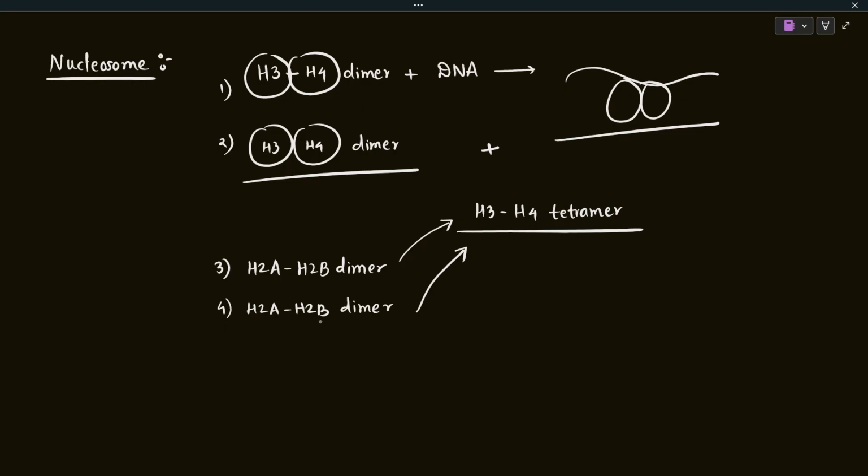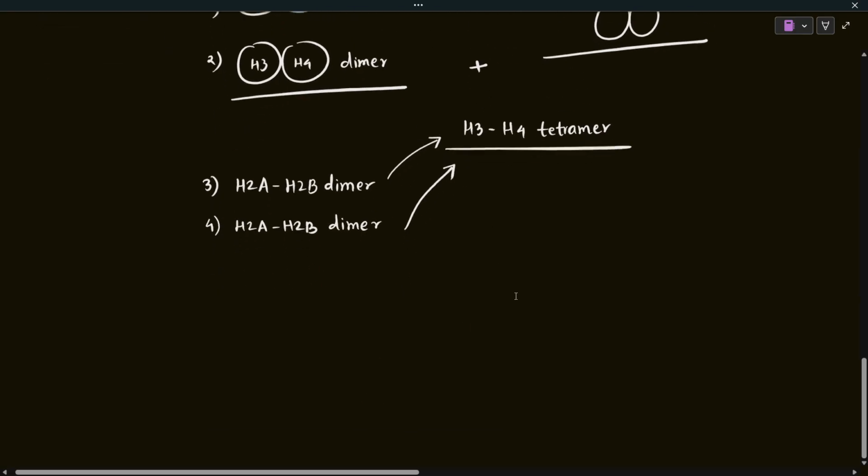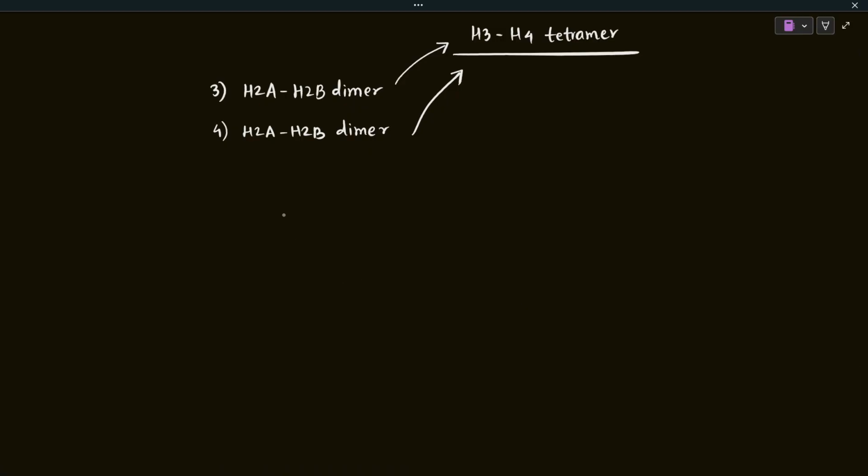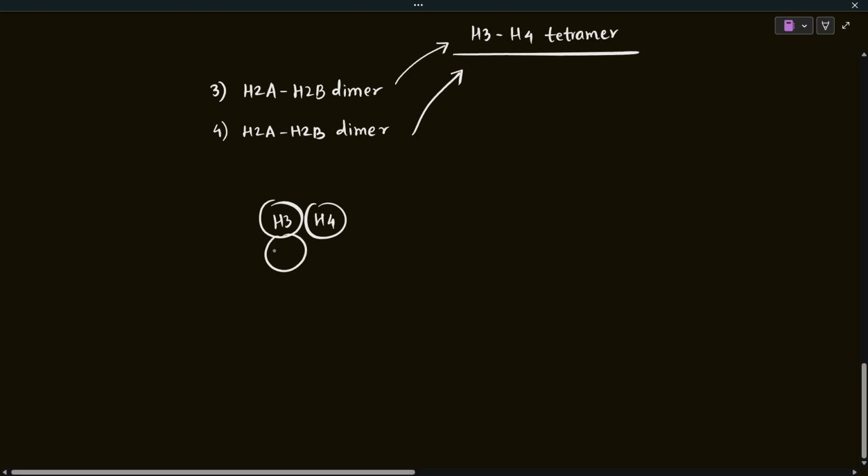So another H2A, H2B dimer comes and attaches with this already formed complex. So first the H3, H4 dimer forms, then the H3, H4 tetramer forms. Then comes H2A, H2B, and then comes another H2A, H2B.